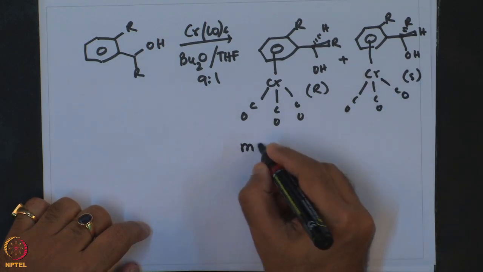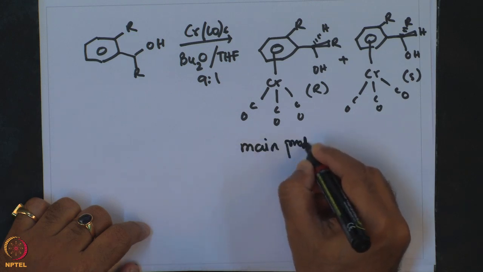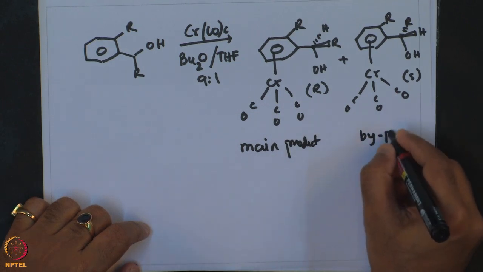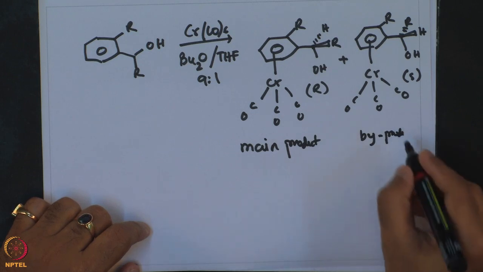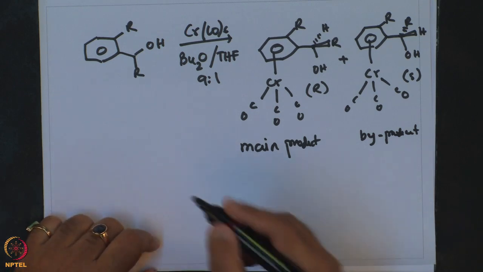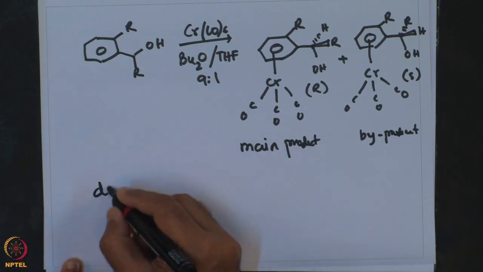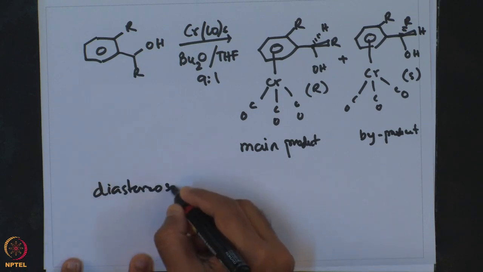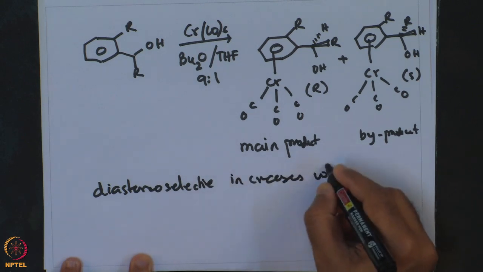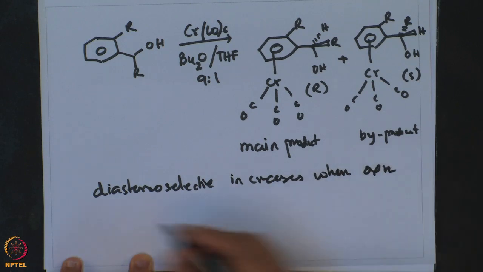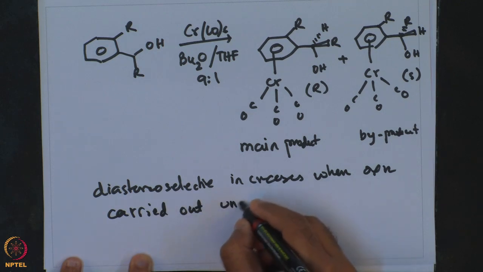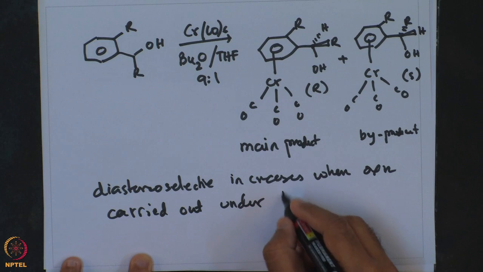This is the main product, and this is the byproduct, and they can be separated. Diastereoselectivity increases when the reaction is carried out under kinetic conditions.